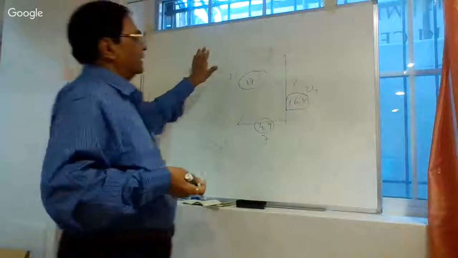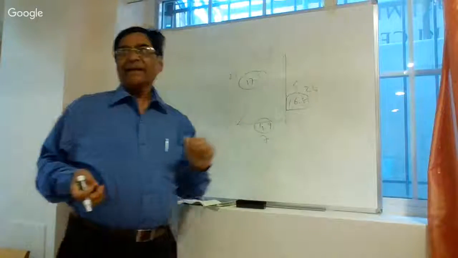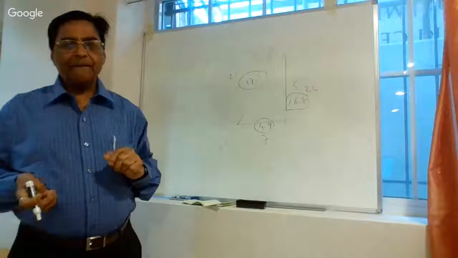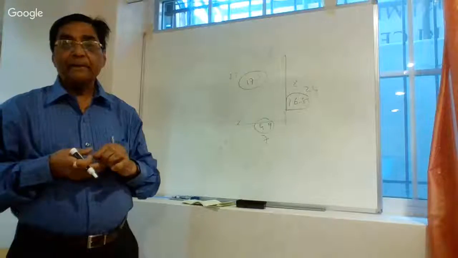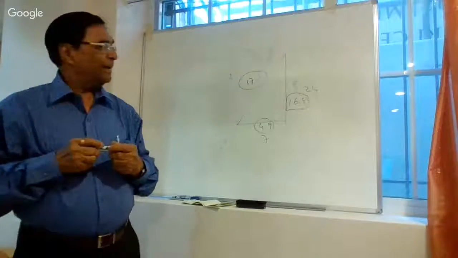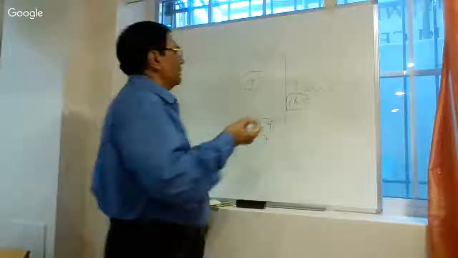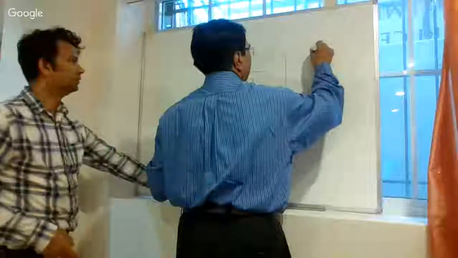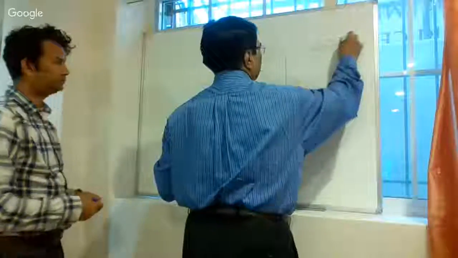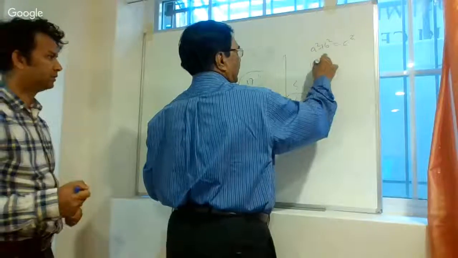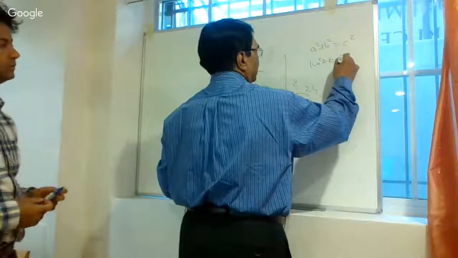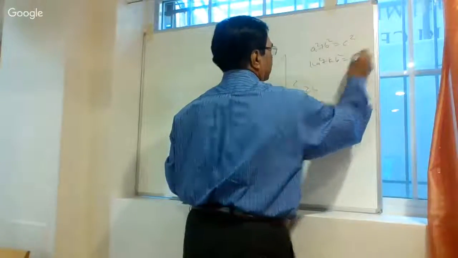If you know, can you write the formula on the whiteboard? A square plus b square equal to c square, ka square plus kb square equals kc square.